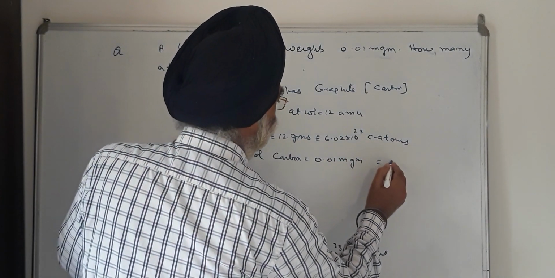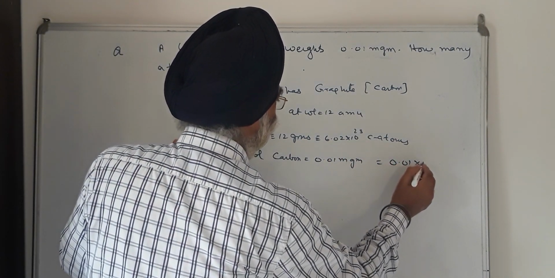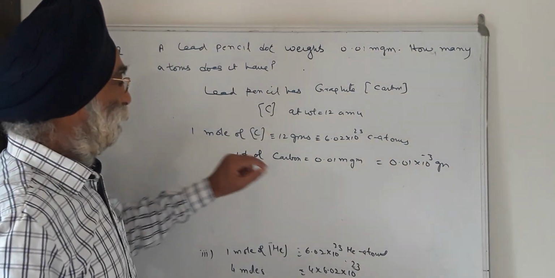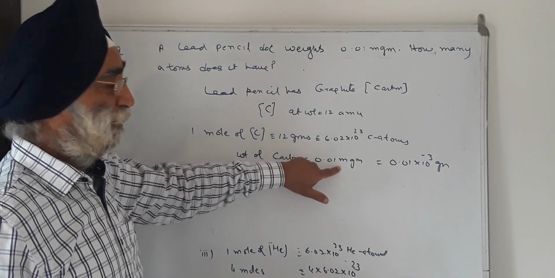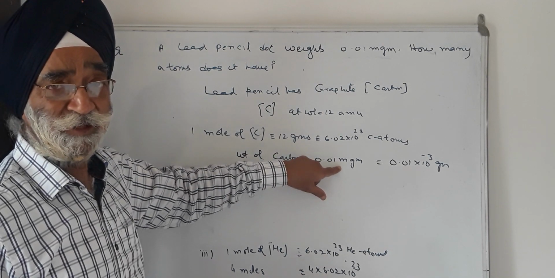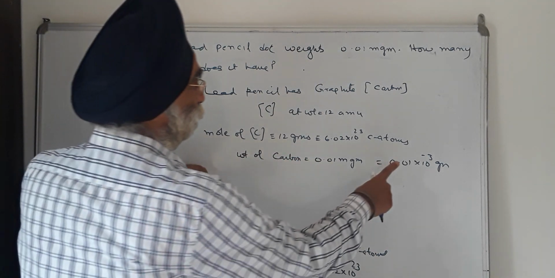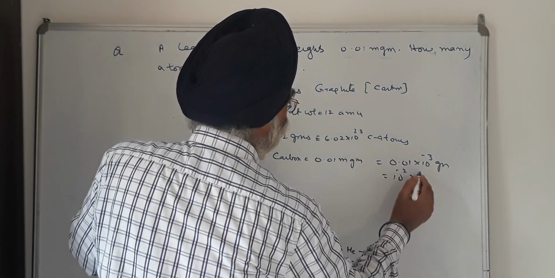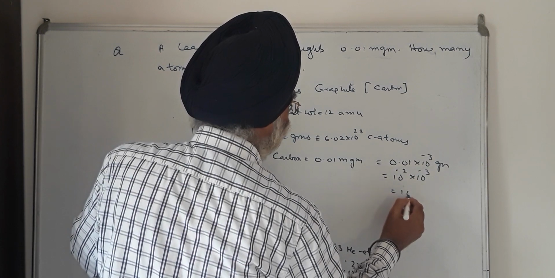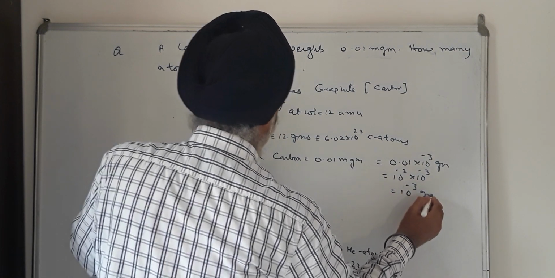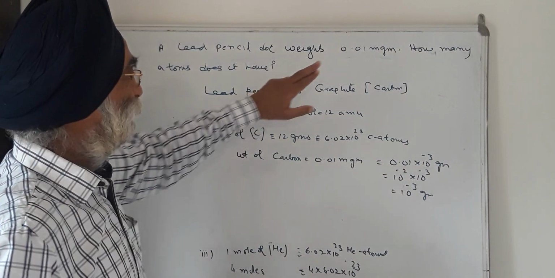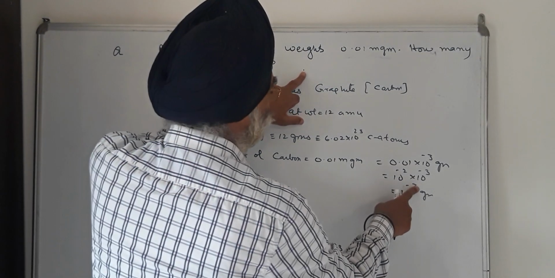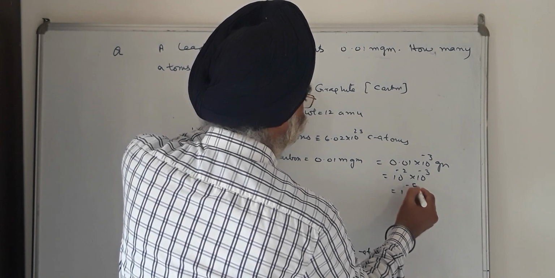It will be 0.01 into 10 raised to the power minus 3 gram. That is, divide it by 1000 and we get its conversion into grams. This is 10 raised to the power minus 2 into this, so it is 10 raised to the power minus 5 gram. Weight of carbon in this dot is 10 raised to the power minus 5 gram.